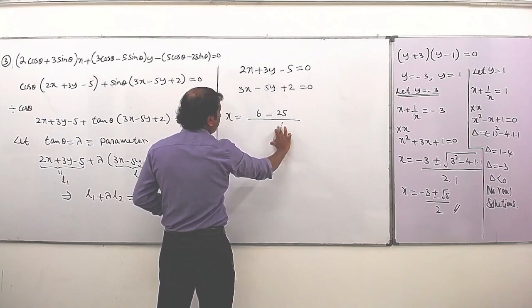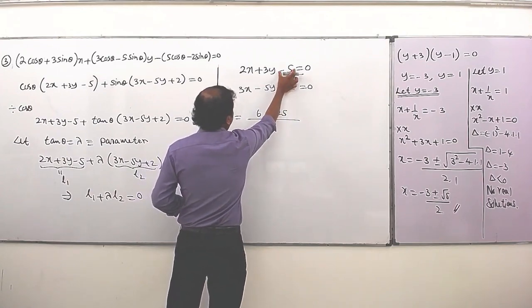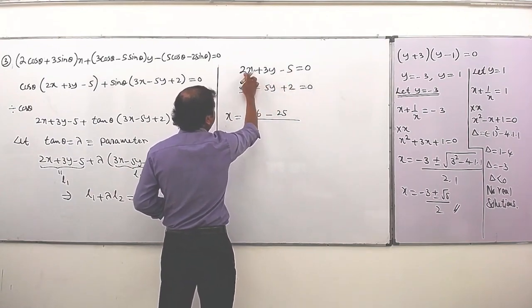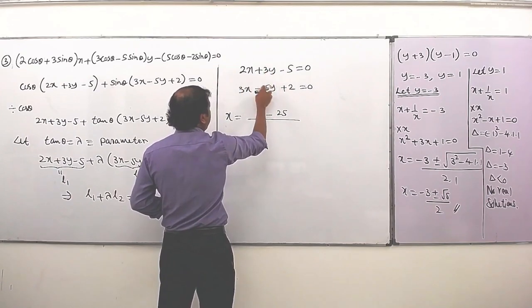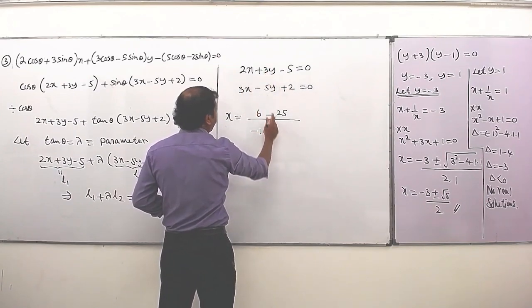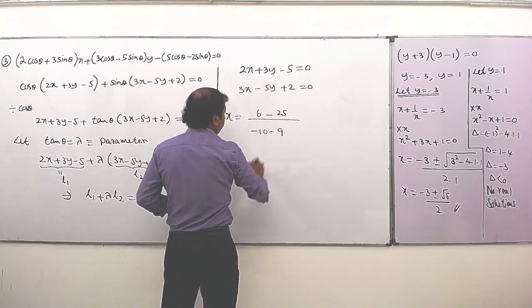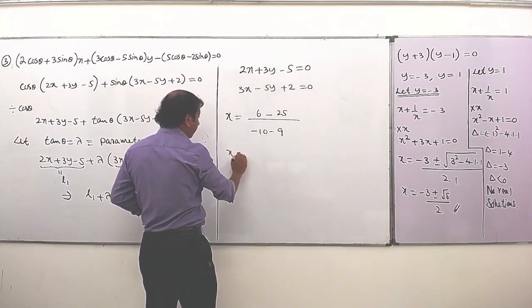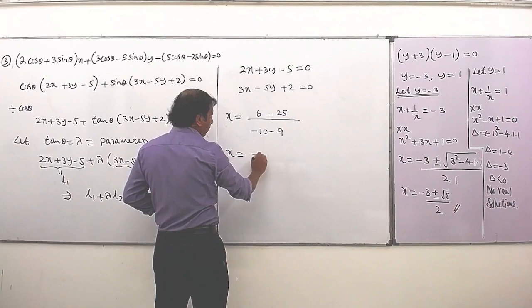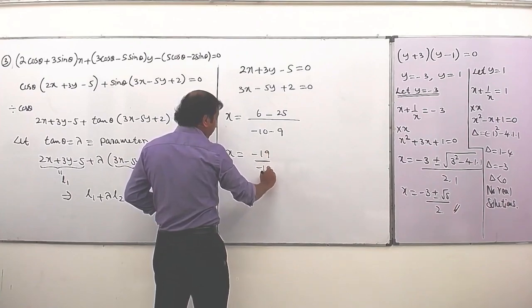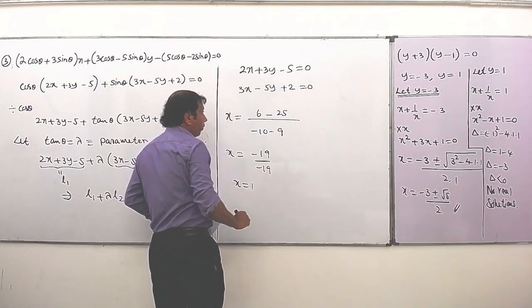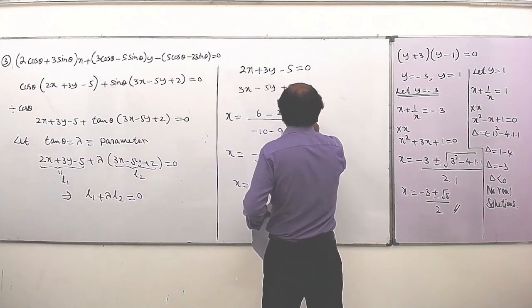For the denominator, ignore the column containing the constants and multiply this way: 2 times minus 5, minus 10, minus 9. Then we get minus 19 over minus 19, so x equals 1. Similarly, you can find y.